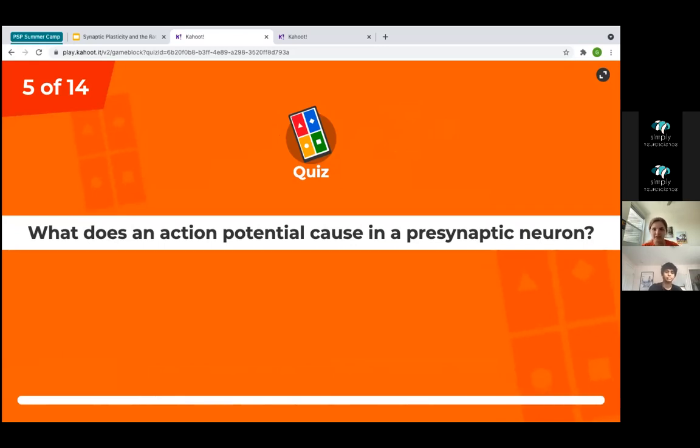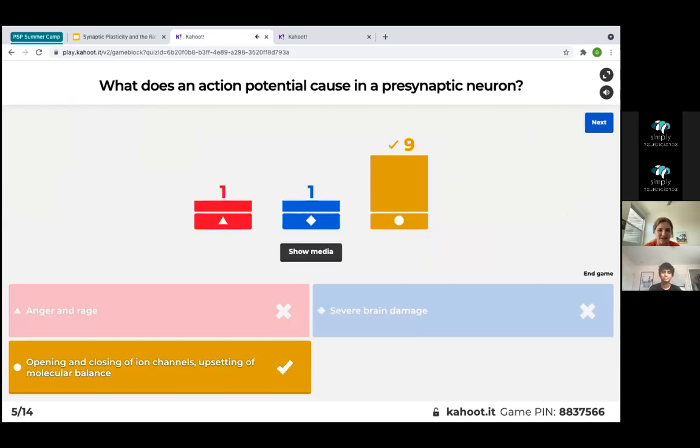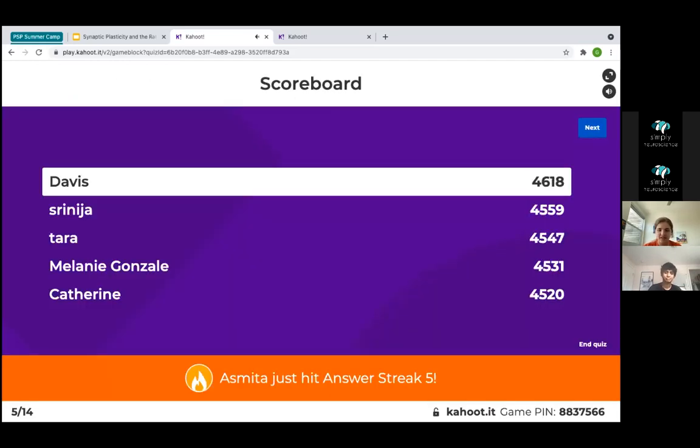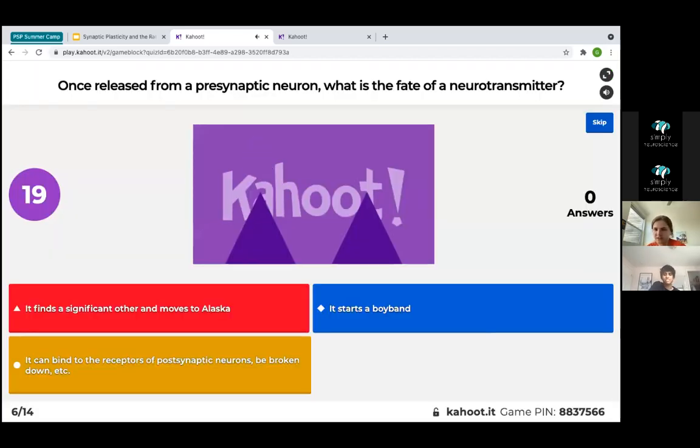All right, next question. What does an action potential cause in a presynaptic neuron? It's a toughie. Yes, nice job, everyone. All right, so this question is, once released from a presynaptic neuron, what is the fate of a neurotransmitter?